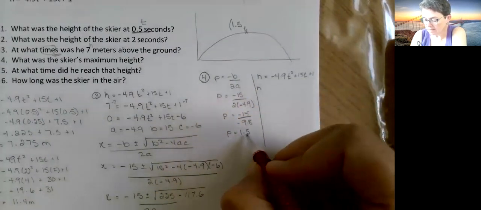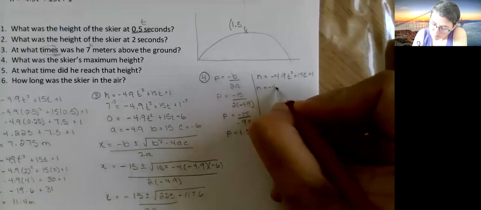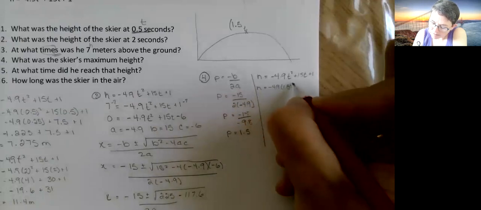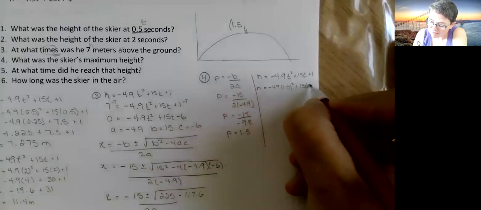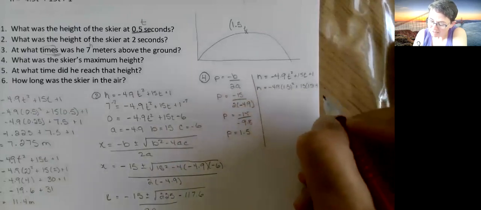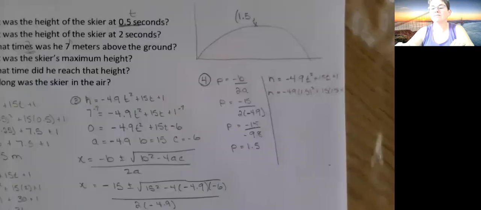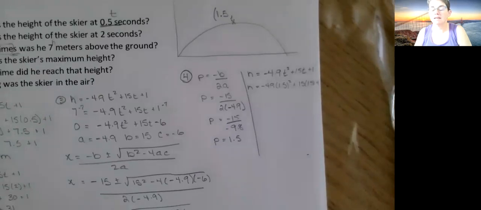Now we're going to take this number and we're going to put it in there. Negative 4.9 times 1.5 squared plus 15 times 1.5 plus 1. There's one more small one. I thought I had enough room on this page.